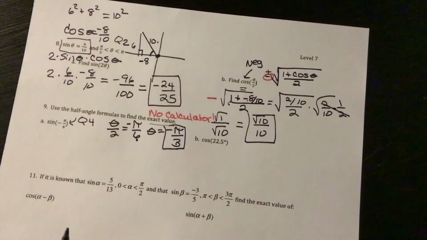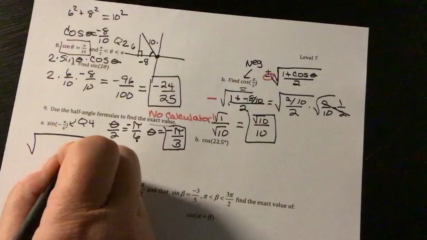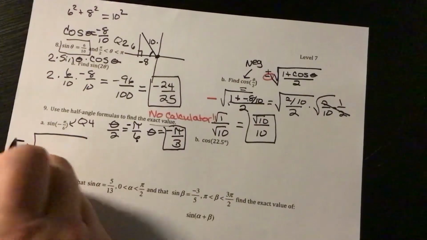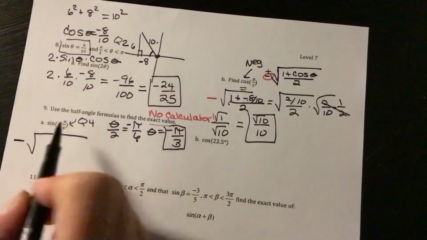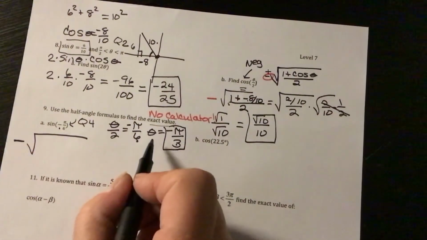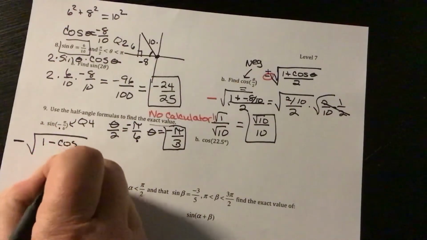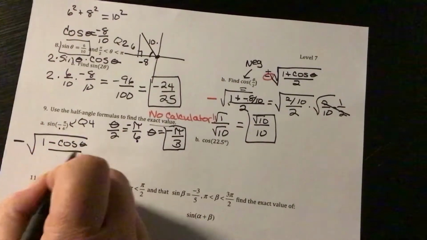So I'm using my formula for half angle. I'm going to put my formula in. I want the negative value because sine is negative in quadrant 4. The formula for a half angle in sine is the square root of 1 minus cosine of theta divided by 2.